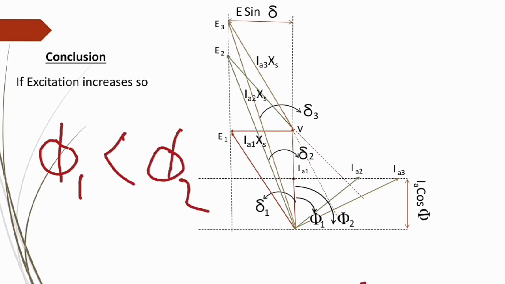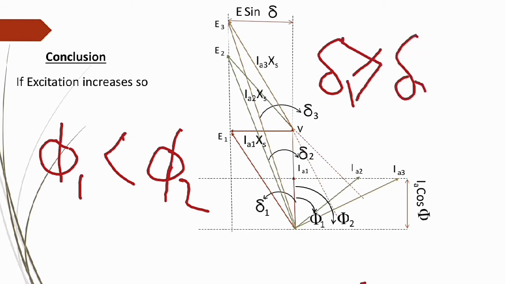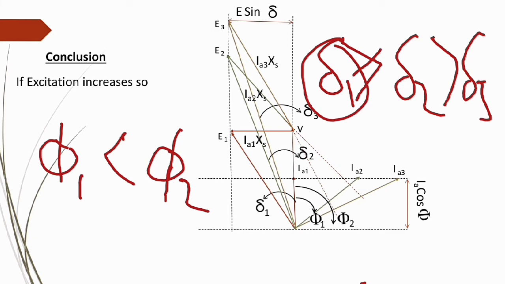Del 1 is greater than del 2, and del 2 is greater than del 3. So del 1 is the largest angle. Actually whenever the excitation increases, the load angle decreases.